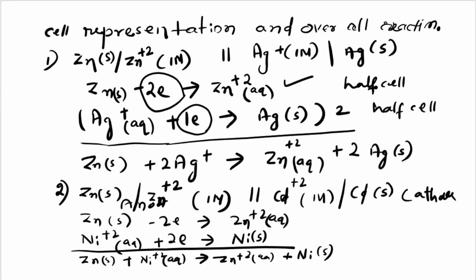So in the cell reaction you can observe that the 2 electrons cancel each other. Here 2 electrons, here 2 electrons, and the reaction is Zn(s), s meaning solid, plus Ni+2 (aq), meaning aqueous solution, giving Zn+2 (aq) plus Ni(s). So the cell representation is given, and this is the cell reaction.